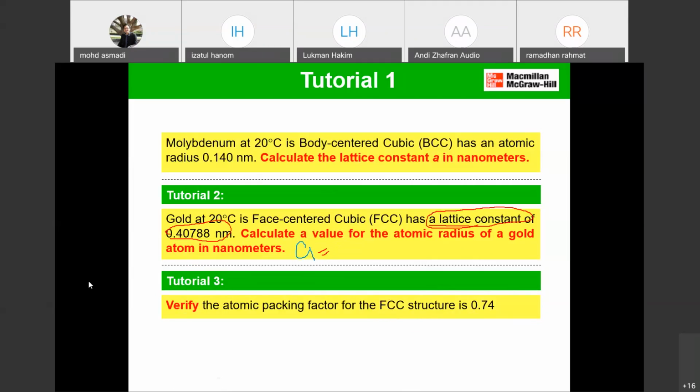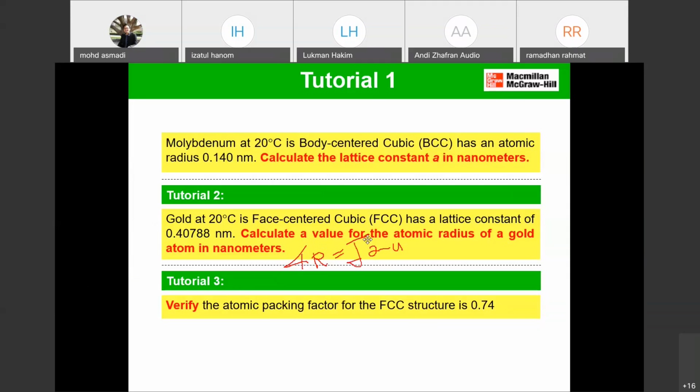So the relationship is 4R equal to A times square root 2.